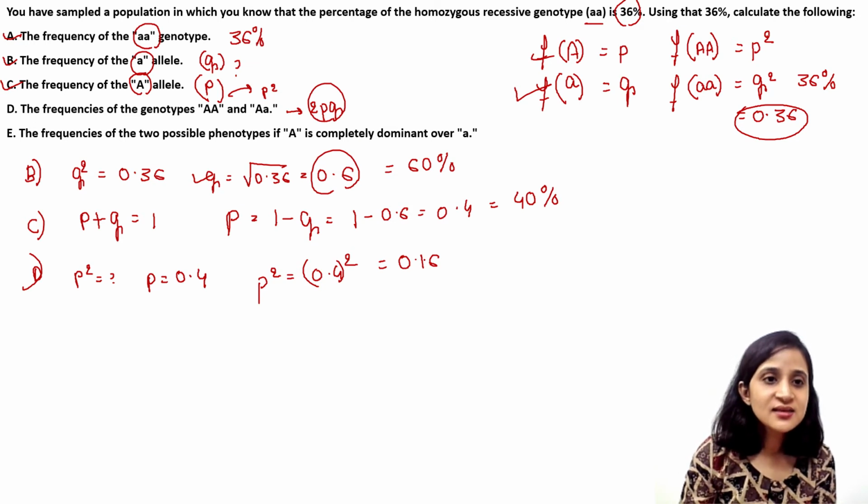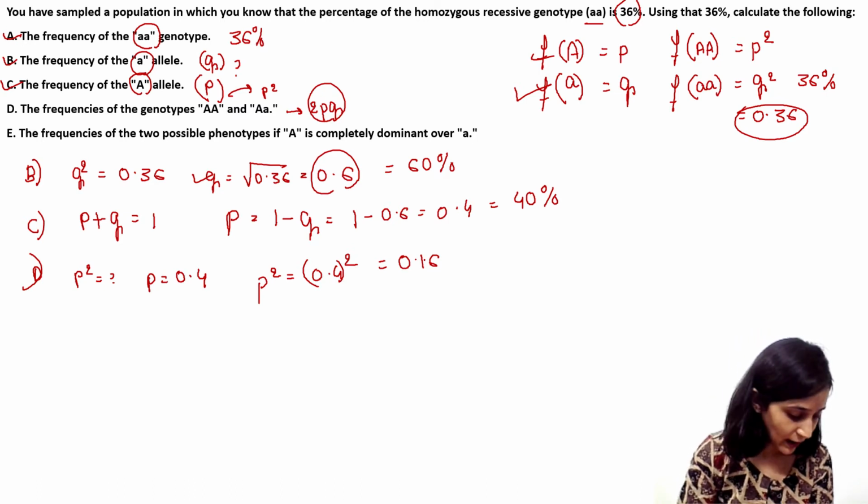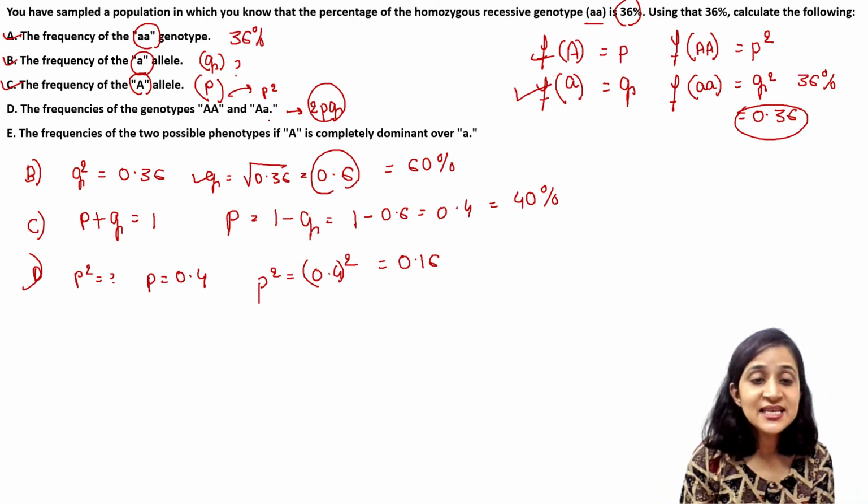So this is the frequency of genotype capital A capital A, that is p square. So it is 0.16. Next is capital A small a, that is 2pq.